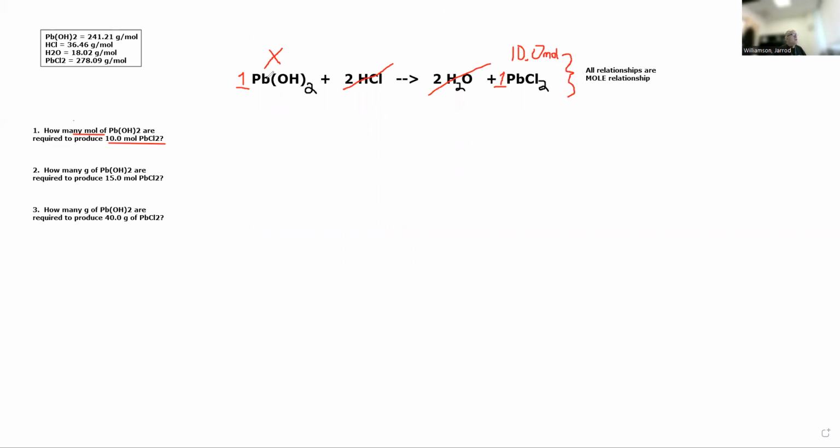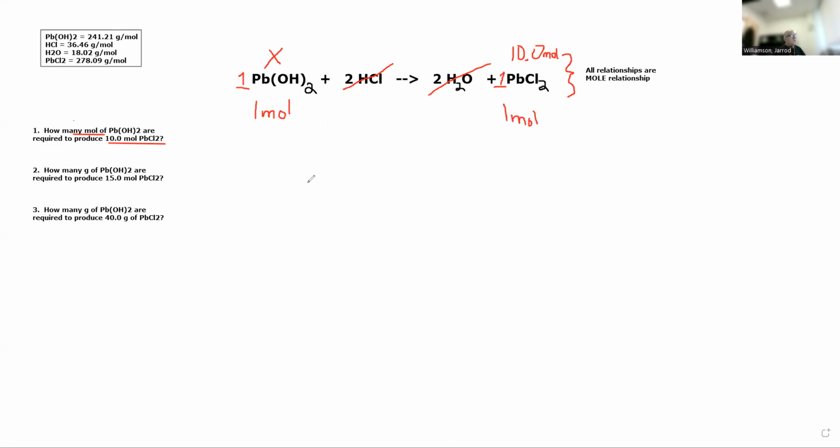Okay. So I'm going to put what I'm solving for on top and what I'm given over here. And then underneath, I know that for every 1 mole of Pb(OH)2, I get 1 mole of PbCl2.